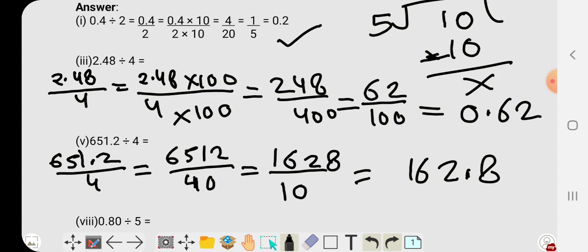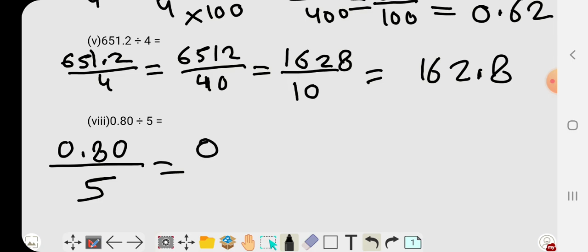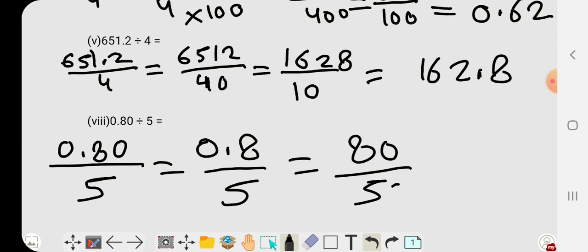Similarly, you have to do other questions also. One more question I am doing for you. 0.80 divided by 5. For this question you can multiply with 100 or by 10 also. Why? Because 0.80 can be written as only 0.8 by 5, then it will be 80 by 50, and so on.